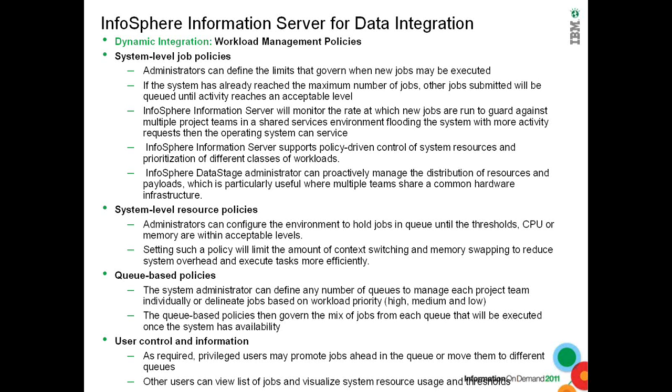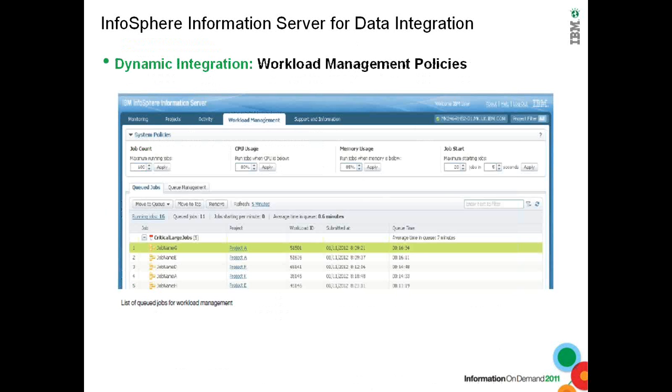Then there is user control information, which means there is role-based access: a privileged user can modify the job queue, whereas a non-privileged user can see the queue status, how many jobs there are, when the resources may get freed, and the current resource utilization. So moving on, these are the policies you can define from the operations console.